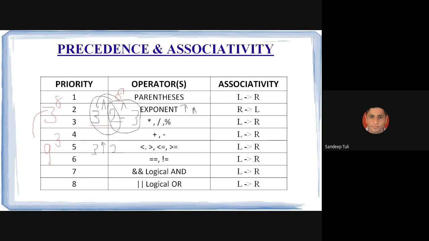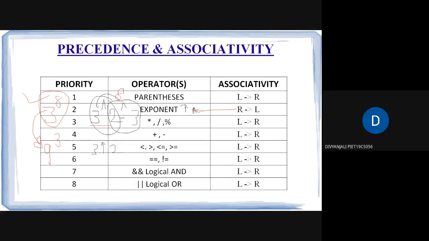Is the result the same? No, sir. Which one is appropriate, 3 to the power 8 or 9 to the power 3? 3 to the power 8. Yes, this is appropriate. That's why we say it is right to left associative. Now it is clear how it is actually right to left.